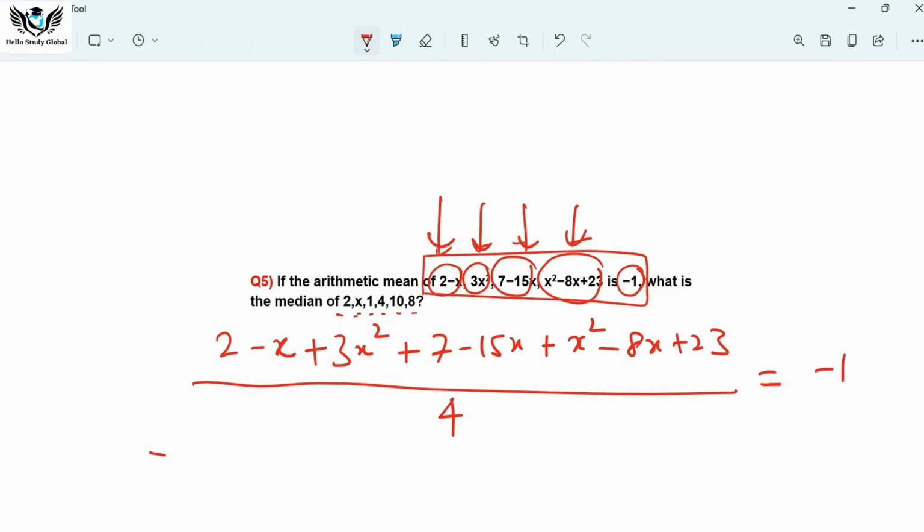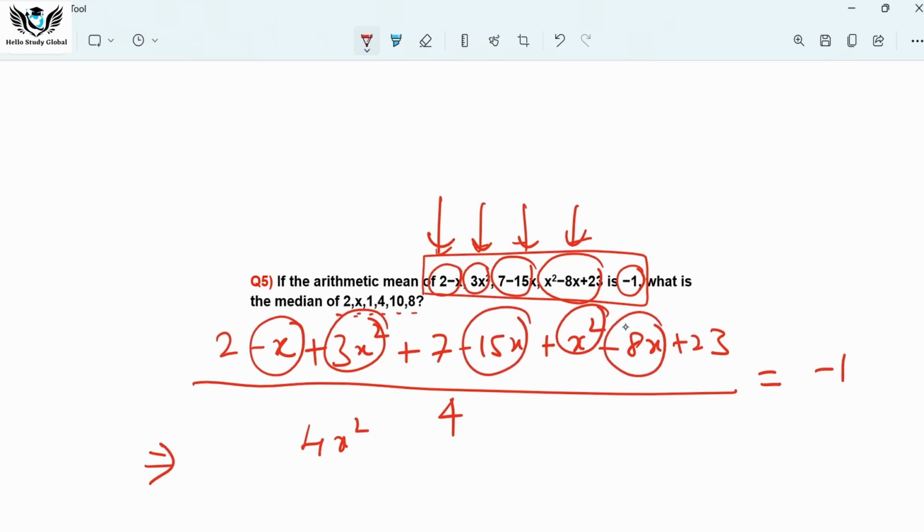So let's simplify this. So square terms first. x square plus 3x square is 4x square. Now x terms. Minus x minus 15x is minus 16x, minus 8x is minus 24x. Now constant terms, 23 plus 7 is 30 plus 2 is 32.